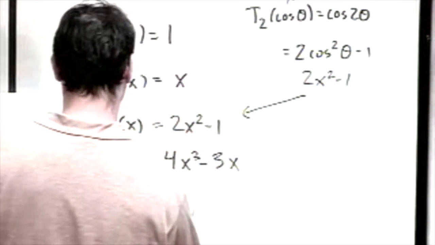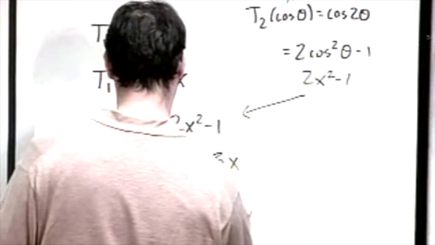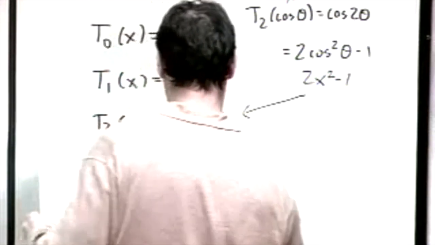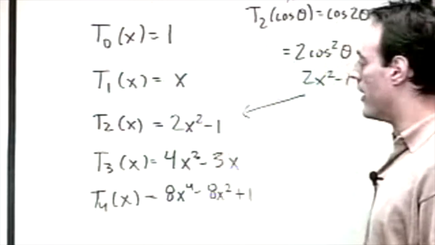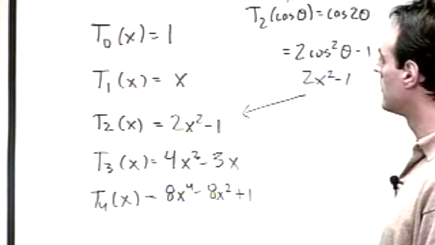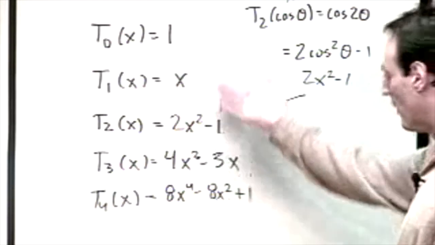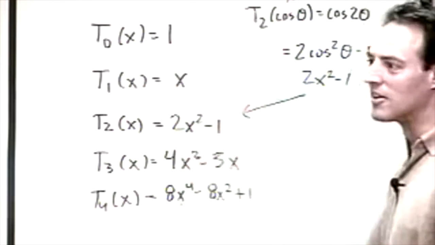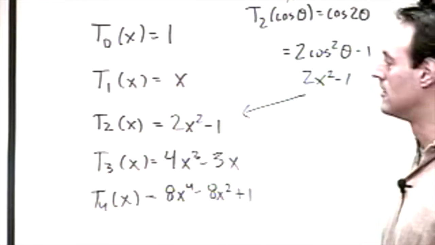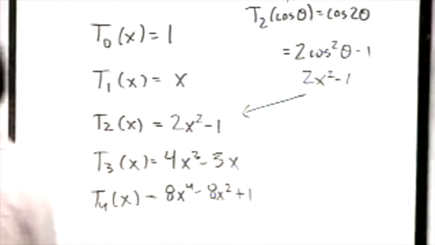I'm writing down the first 5 of them here. Here they are. These are your first 5 Chebyshev polynomials. You're going to expand a function in a set of these things. Okay? All right. So what do they look like?